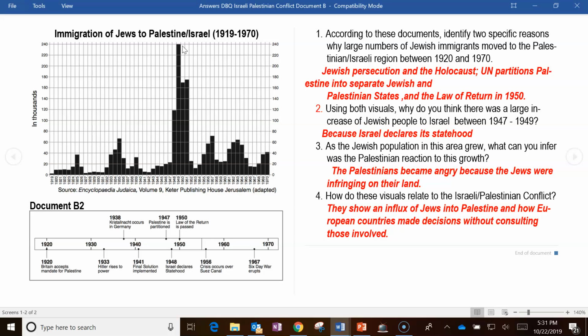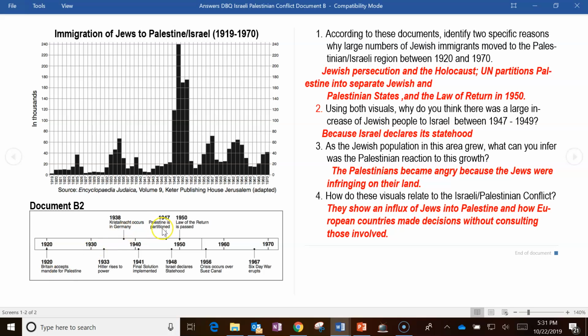So these visuals show us that there's an influx during specific times, and obviously this is going to cause some disagreements and issues, especially because the Europeans are making decisions without consulting those that are specifically involved. And we can see that right here in 1920 when Britain accepts the mandate for Palestine. It doesn't say anything about Palestine and Britain conferring together to make this particular mandate.